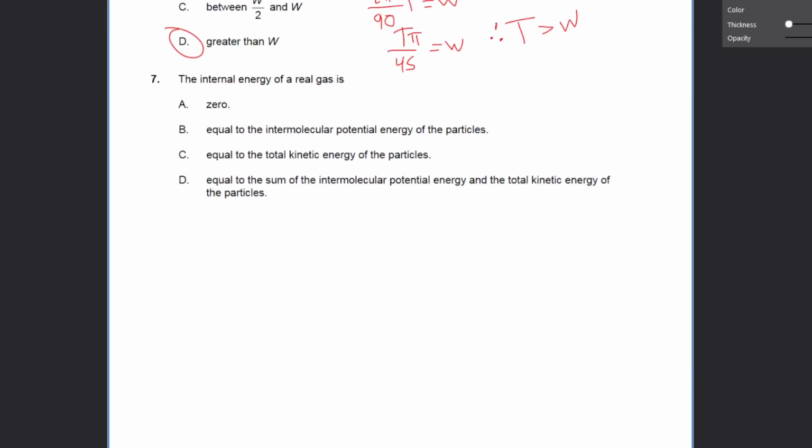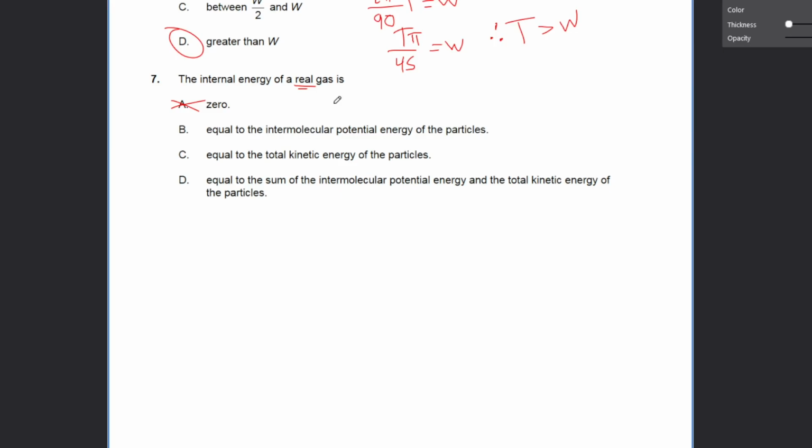Moving on to question 7. The internal energy of a real gas, so this is a real gas, is A equal to 0? Well, no. Let's think of an ideal gas. In an ideal gas, the internal energy is the total kinetic energy of the particles.